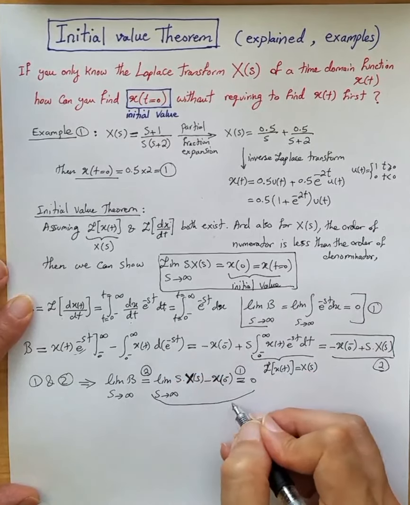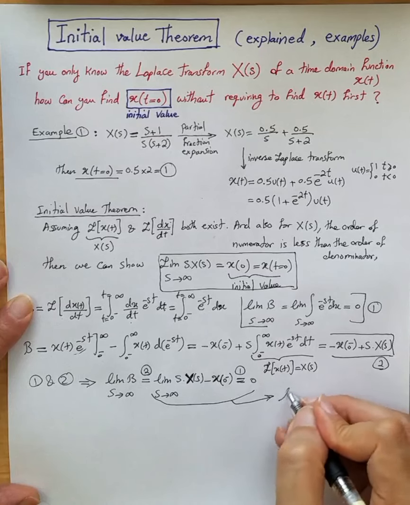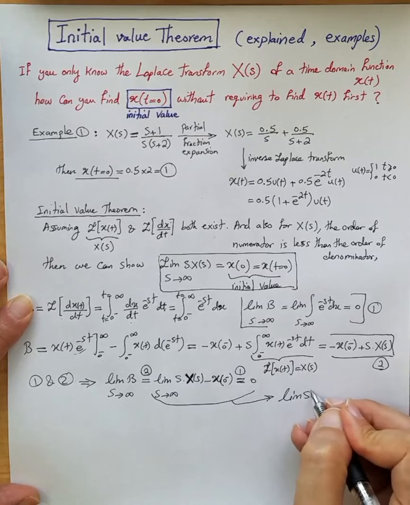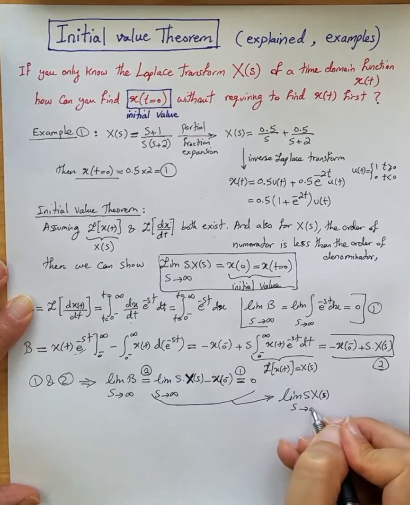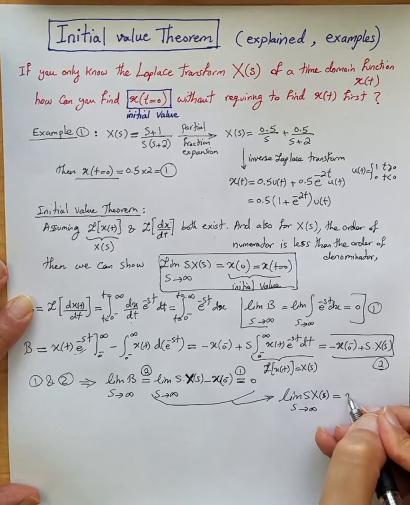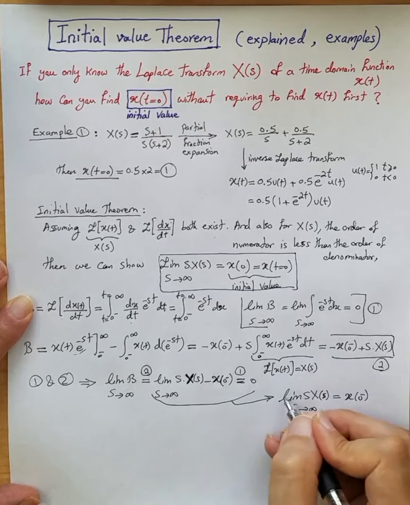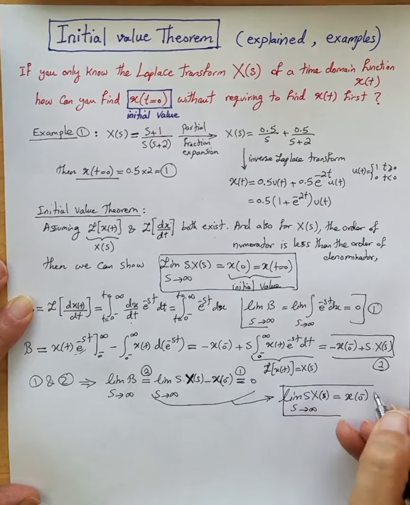Okay, taking this side, we get the limit of s times x of s when s goes to infinity is just x at time 0 minus.